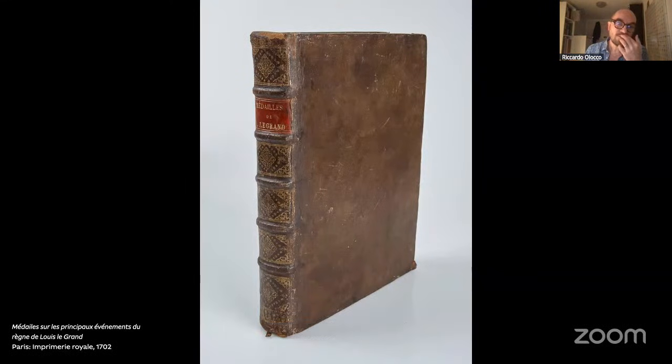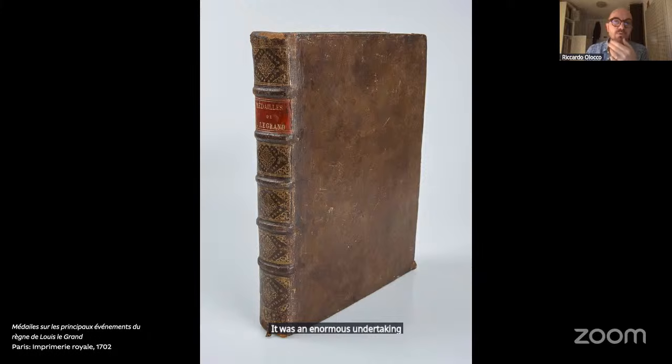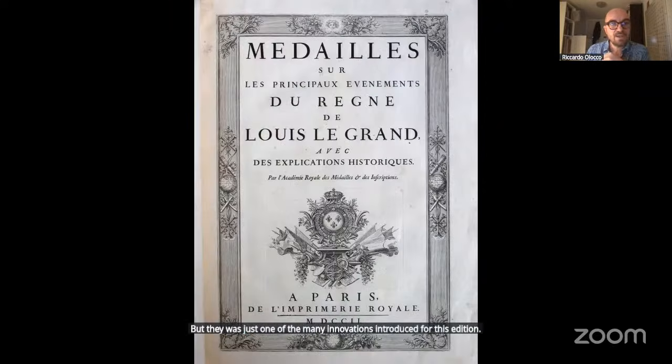The great folio of the royal medals was finally printed in 1702. It was an enormous undertaking that took years to complete. The type was just one of the many innovations introduced for this edition. The book displays the Romain du Roi for the first time. It's set entirely in the 16 points, the first size on which Grandin worked.